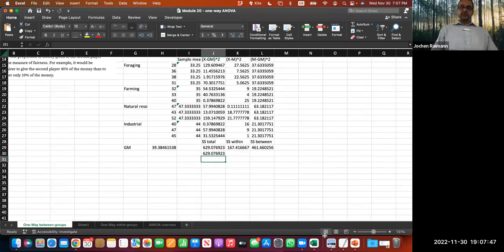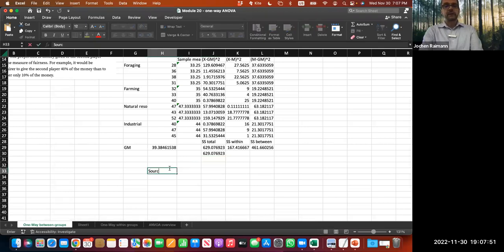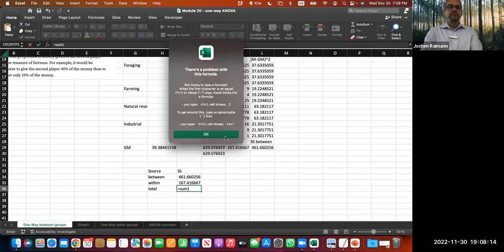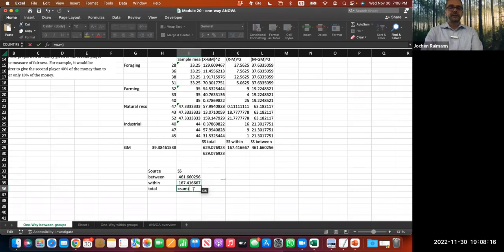Let's do our own little ANOVA source table. We have between, within, and total. For the sum of squares, we have between as 461, within as 167, and the sum of these two as 629.